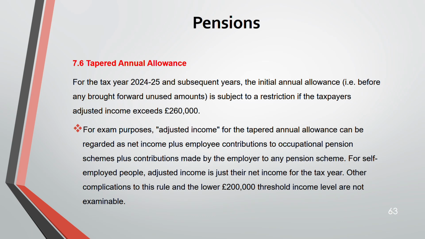So for your exam purpose, the adjusted income for the tapered annual allowance can be taken as the same as your net income plus employee contribution into an occupational pension scheme plus contribution made by the employer into any pension scheme. I'm repeating this. Employee contribution only into an occupational pension scheme, but the employer can make contribution into any scheme, personal or occupational. They are added to net income. That is your adjusted income.